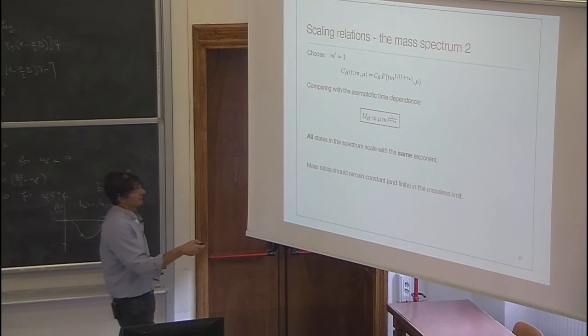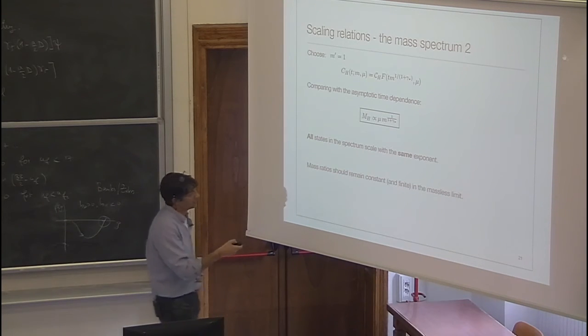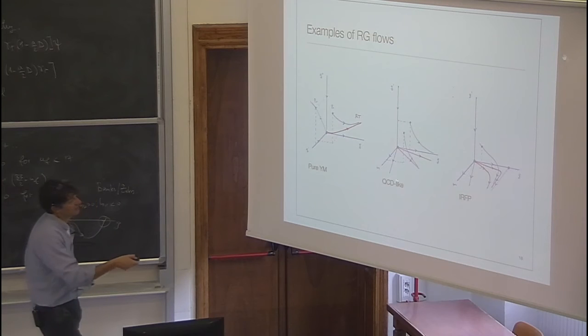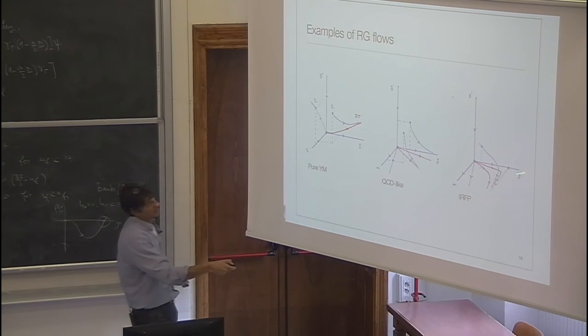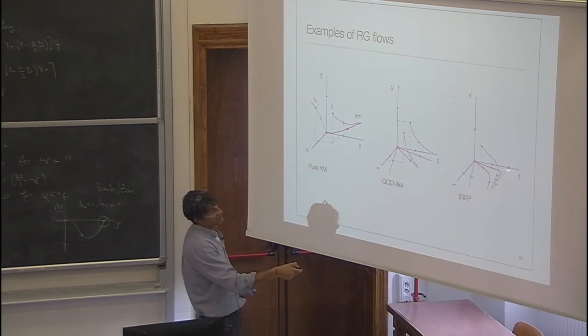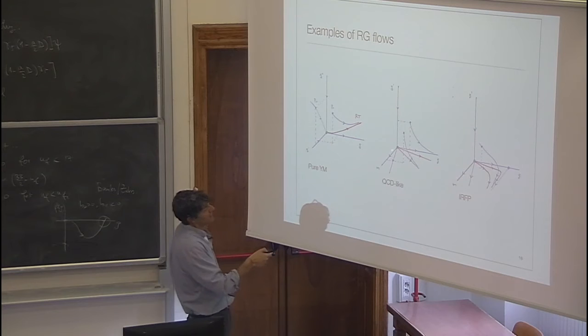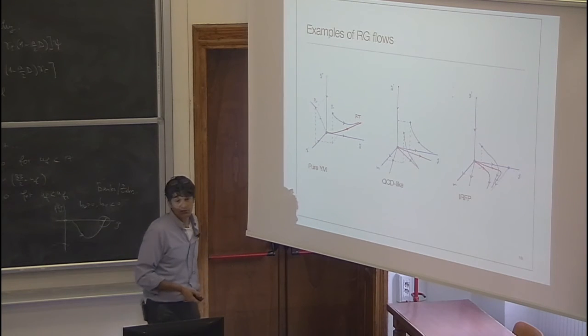Okay? So this is very different from QCD. This kind of analysis tells you that this kind of theory, where all the states go to 0 as you send the quark mass to 0, is very different from QCD, right?